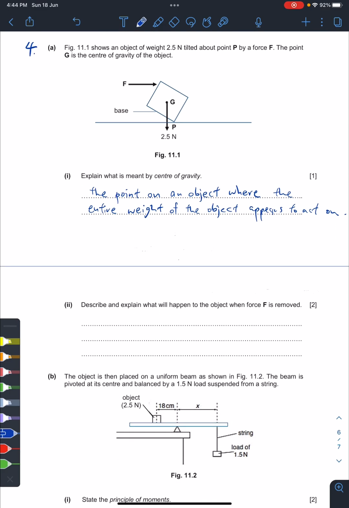You remove the force F. So what happens is the object will tilt left and move in an anti-clockwise movement.